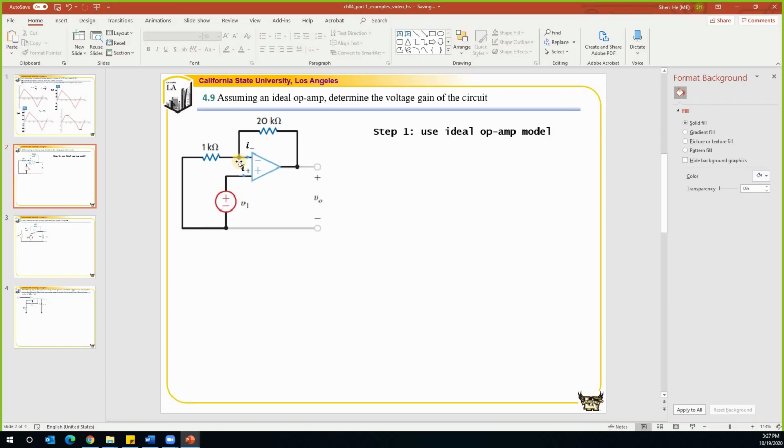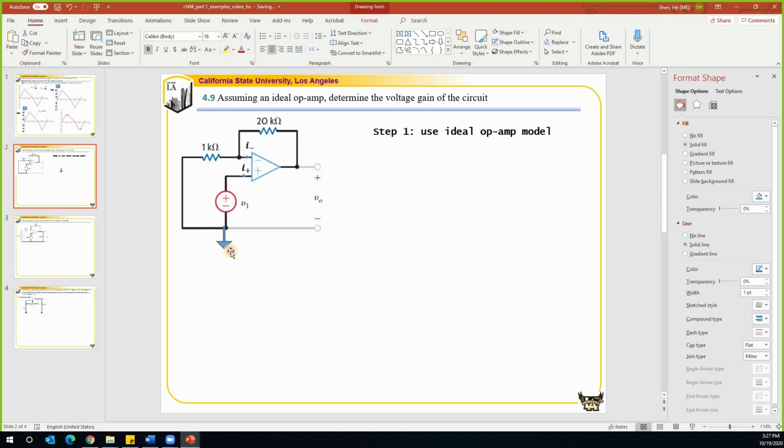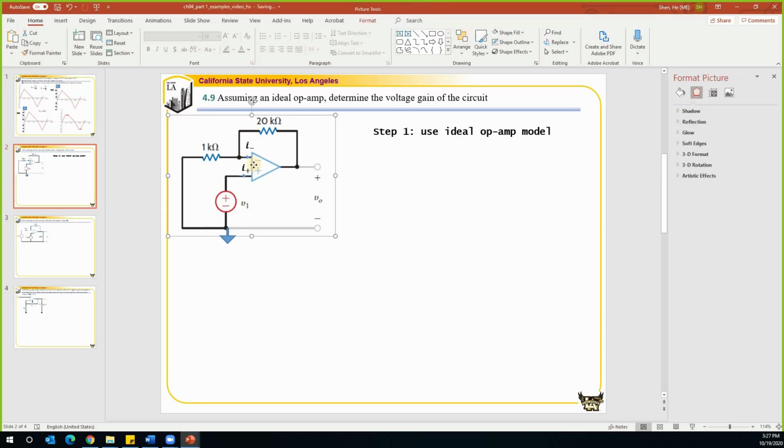At the same time, I'm going to define my nodal voltages. It also means I'm going to define a reference node, so I will define this as my reference node. I will define this node as having a nodal voltage of V minus, because we call this node the inverting terminal. The other node has a nodal voltage of V plus.